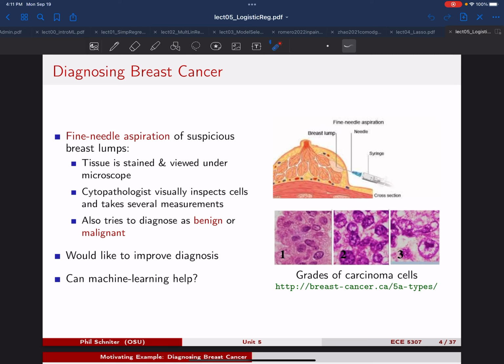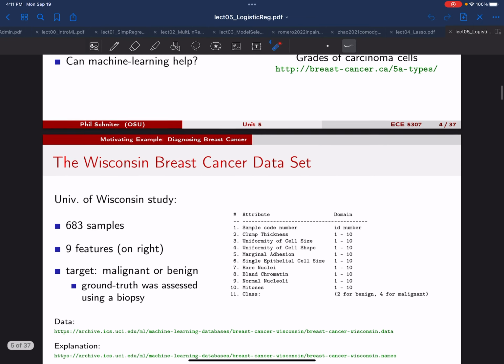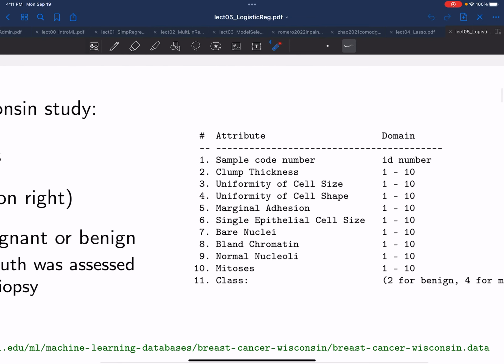But there's a more robust way of determining whether it's malignant or benign, which is through a biopsy. But still, we might wonder, can we take all the statistics that are computed from these images? Here's an example of some of them in the data set.